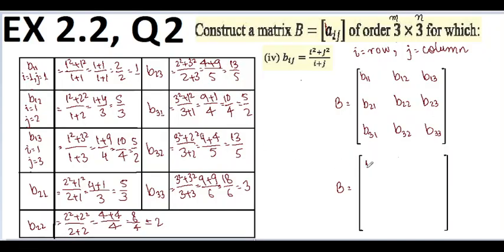So we get 1, 5 by 3, 5 by 2. The next row is 5 by 3, 2 and 13 by 5, and then 5 by 2, 13 by 5 and 3. This was your fourth part answer, and this is the matrix we've got, and thank you so much.